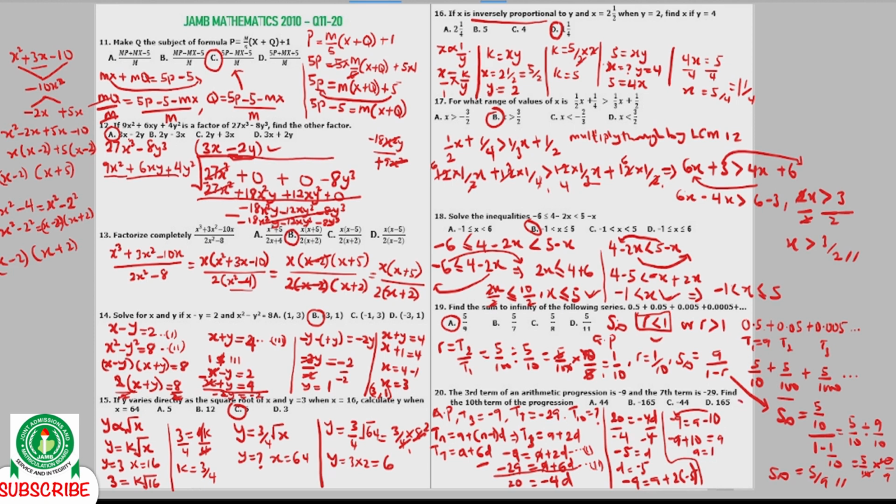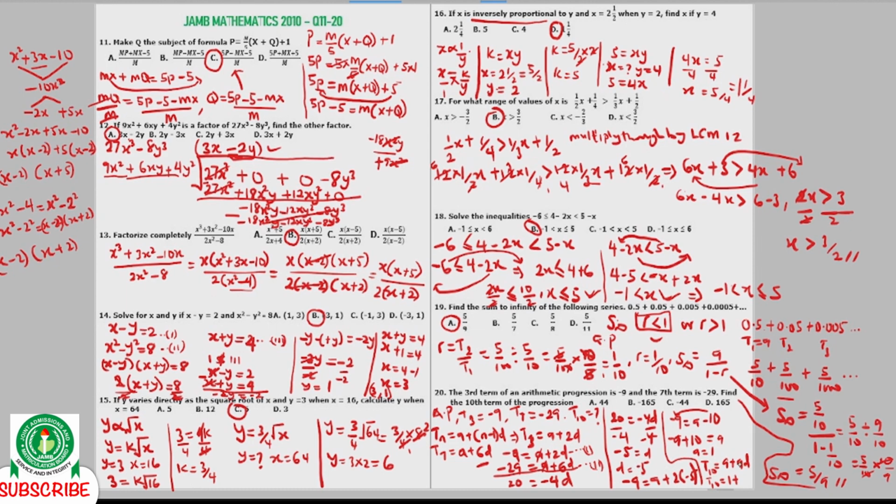So now I have gotten your A and your D. Please follow the trend. We have to calculate the 10th term. The 10th term is the same thing as A plus 9D. So the 10th term will now be 1 plus 9 times D. Don't forget your D is minus 5 here.